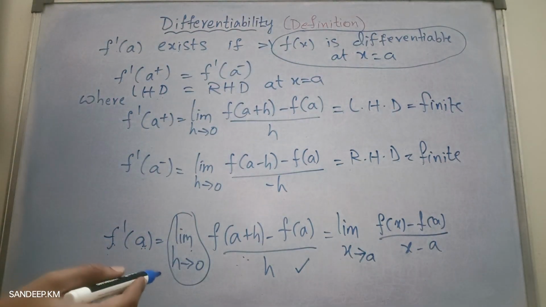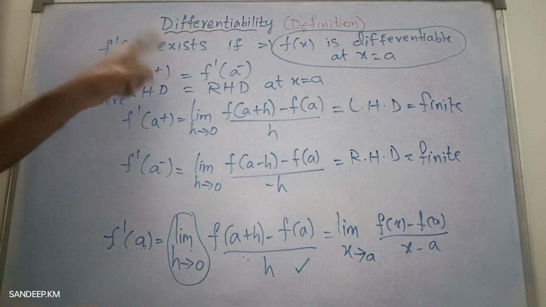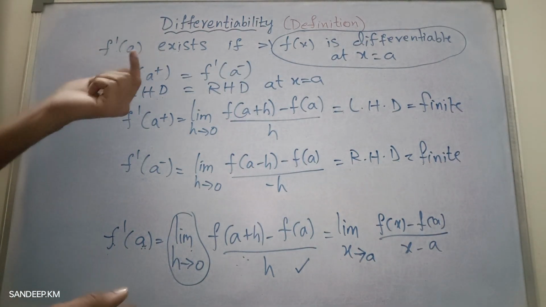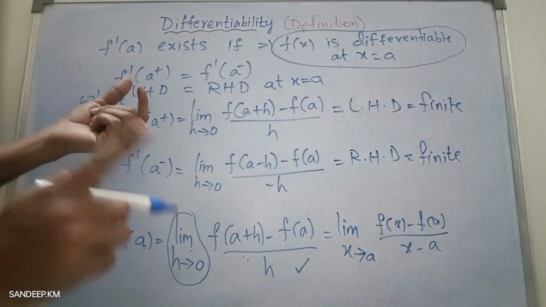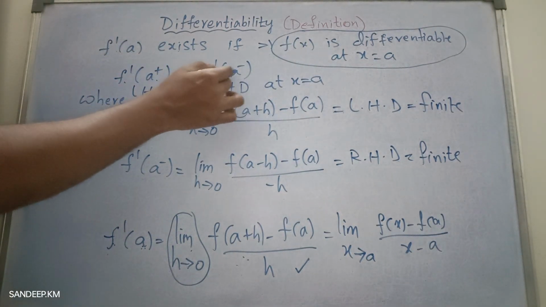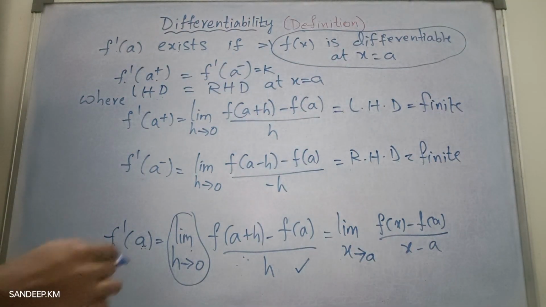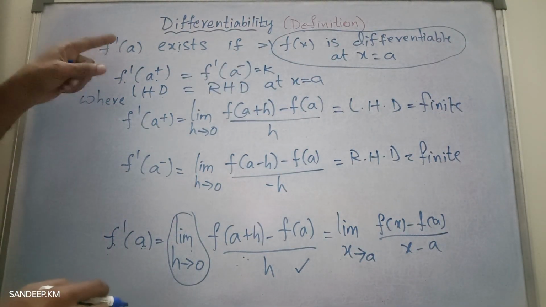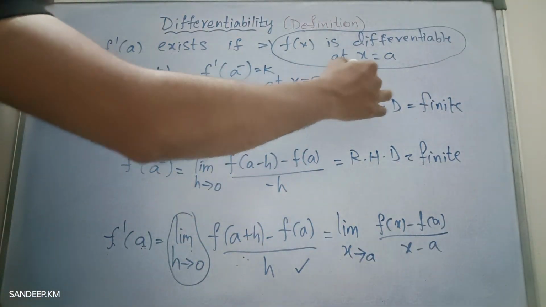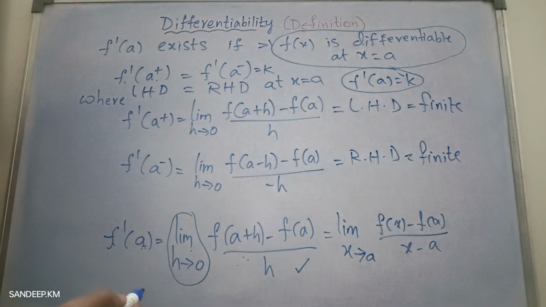What is the meaning that f(x) is differentiable at x = a? It means that f'(a) exists, and f'(a) is a finite number. It should not be infinite. When f'(a+) is equal to f'(a-), let us assume that the answer is k, where k is a finite number. Then we say that f'(a) exists and f'(a) = k.